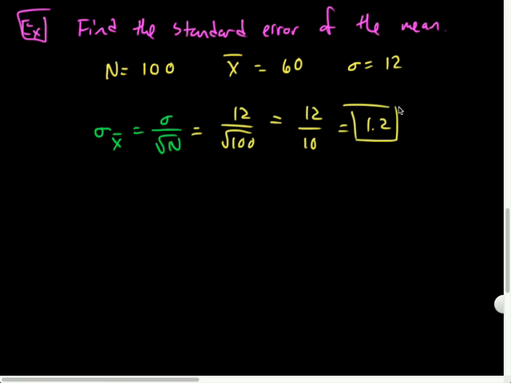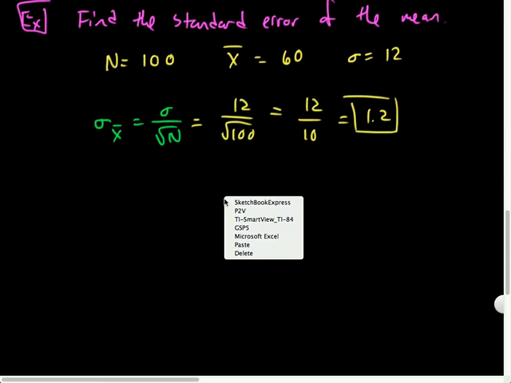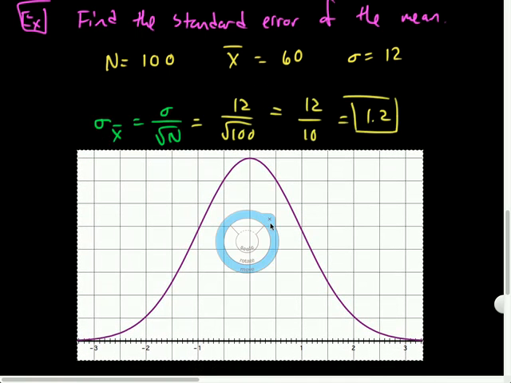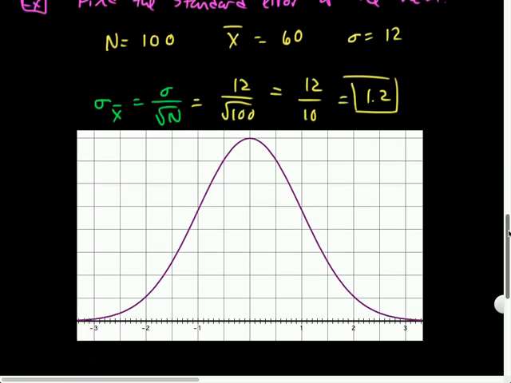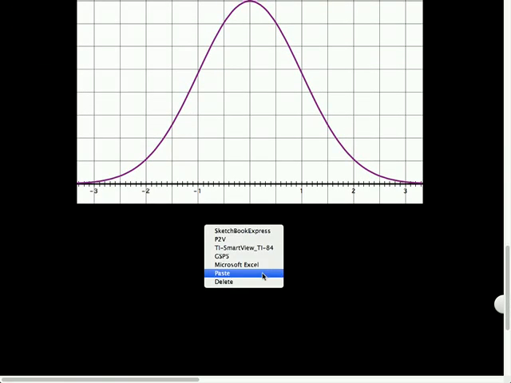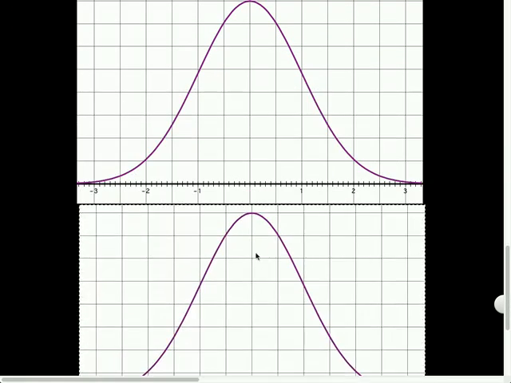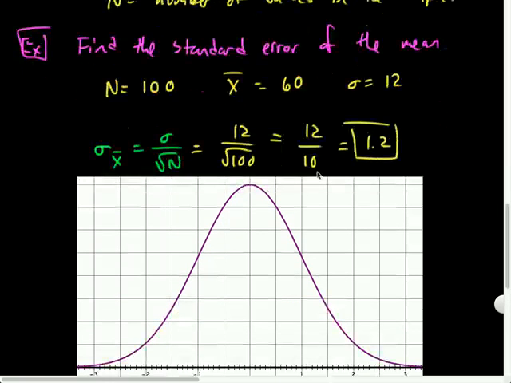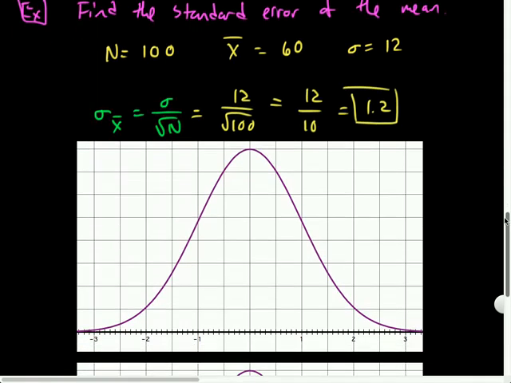So let me show you what this means. I'm going to draw 2 graphs, because the standard error of the mean is a type of standard deviation. I'm going to have 2 of these graphs here, top and bottom. Let's make sure you all get that information. So let's write down what we know. For our regular distribution of the data, that's what this graph will be.